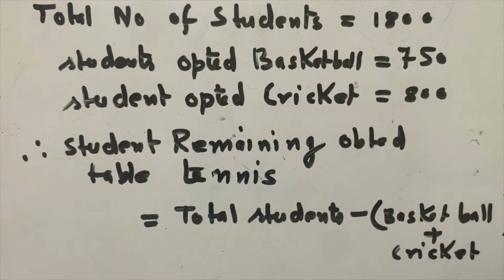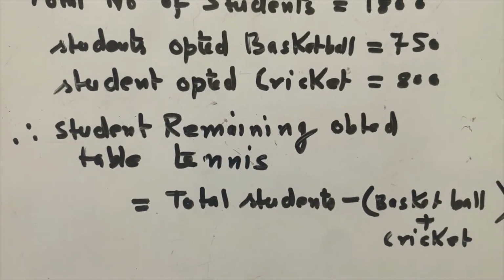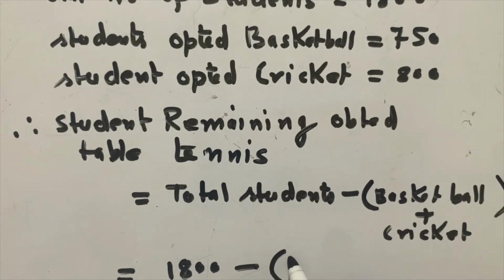Basketball plus cricket is equal to total number of students 1800 minus sum of basketball players 750 plus cricket players 800.